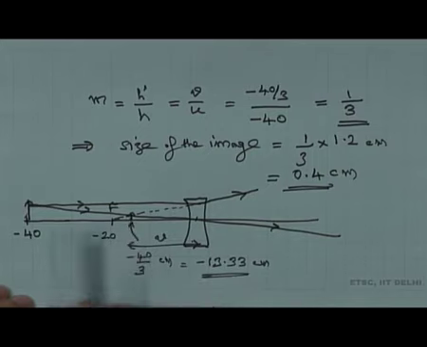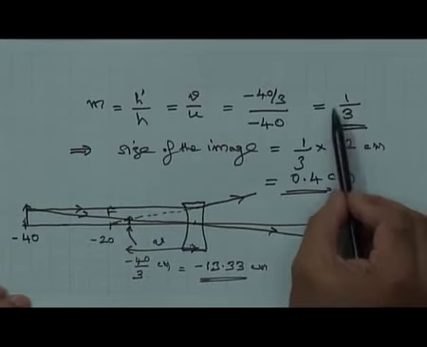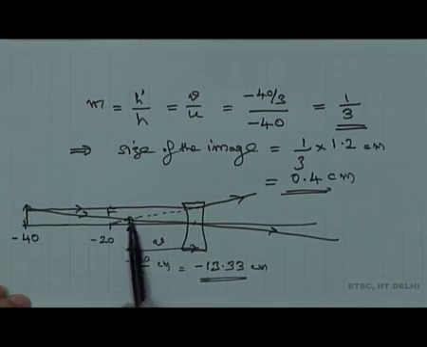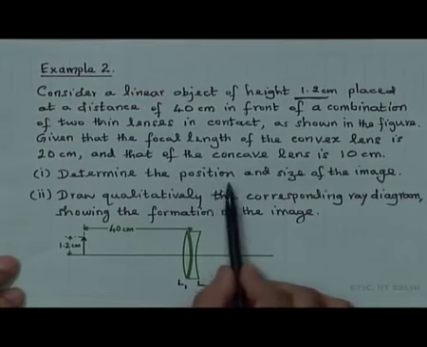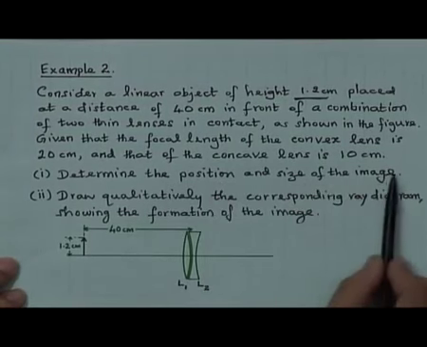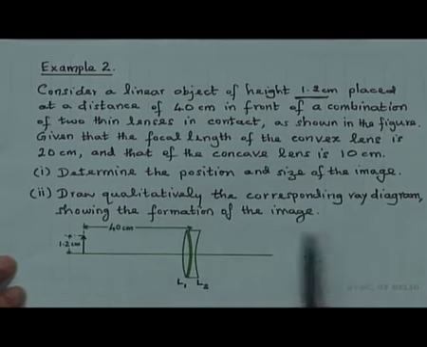So, here is the image which is formed, and the magnification is 1 by 3, which is positive, which means we get an erect image at this point. So, we have answered all the parts. We have determined the position of the image, the size of the image, and finally, we have drawn the corresponding ray diagram.